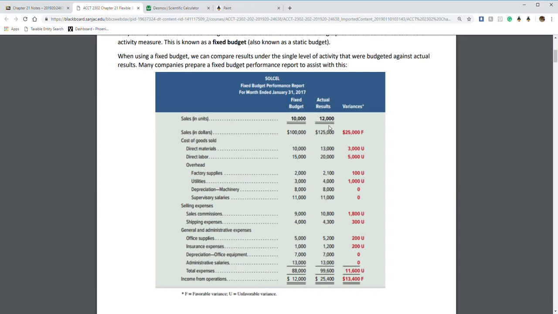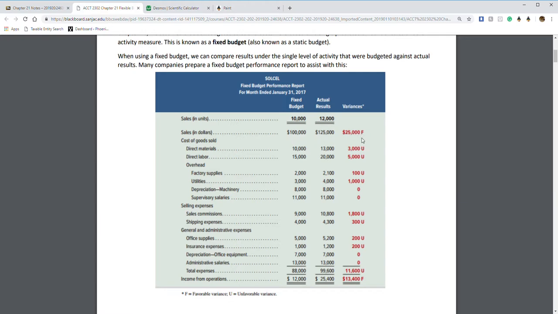And just that slight difference of 2,000 units can throw everything off on the budget. We don't have a proper comparison. But when we look at this, if we do compare, notice that we basically subtract actual from fixed.